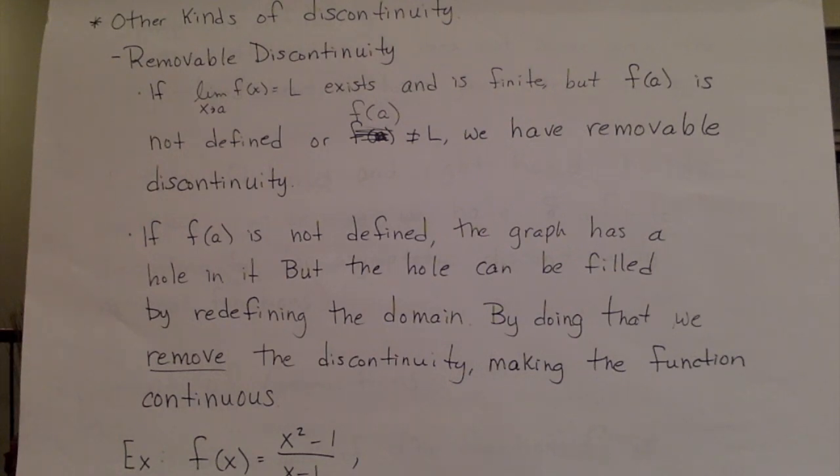It's called removable discontinuity because we can actually remove the discontinuity. And here's how that happens. If f of a is not defined, the graph has a hole in it, but the hole can be filled by redefining the domain. By doing that, we remove the discontinuity, making the function continuous.